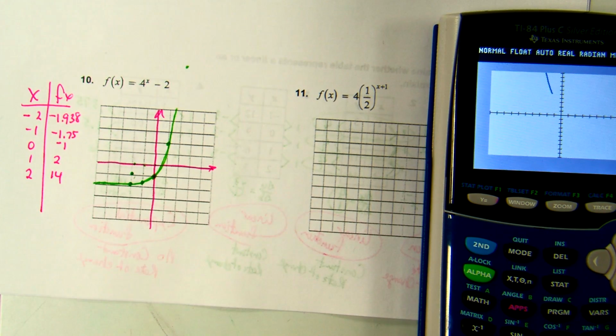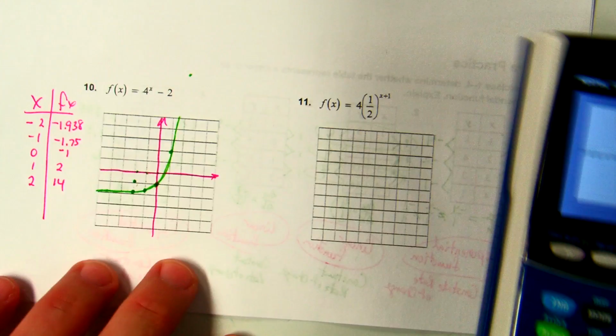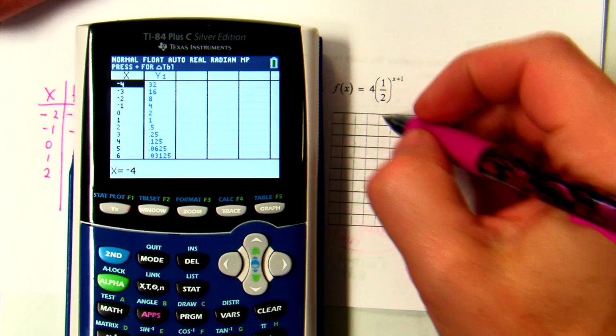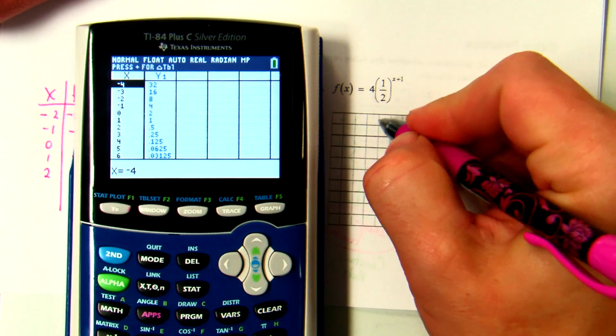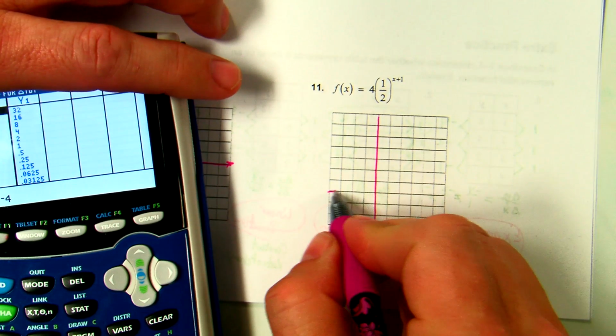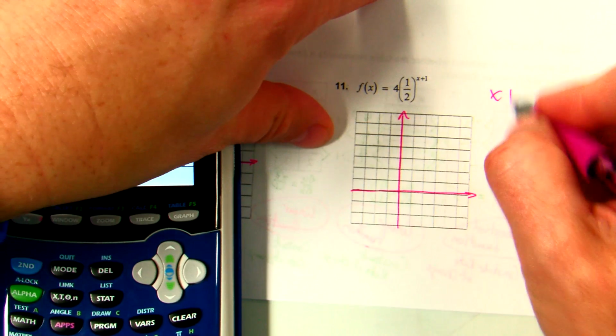Okay? So if we're looking here, we're going to see our graph coming down, and it's getting closer and closer and closer and closer to the x-axis, but not touching it. So let's get our table values, and let's graph this. Again, this one's going to come down here. I'm not really too concerned about the location of the origin, but we'll put it here for now. Let's create our table of values.